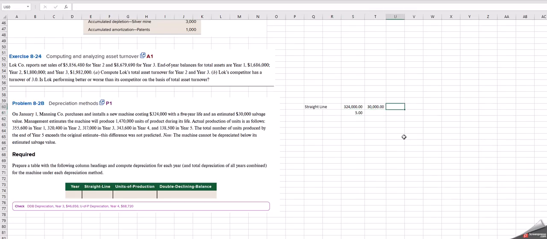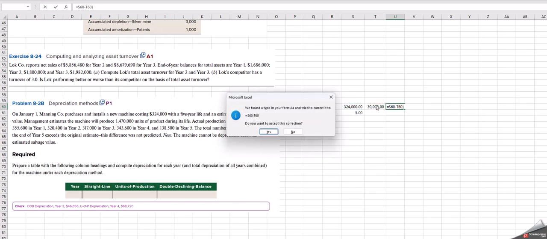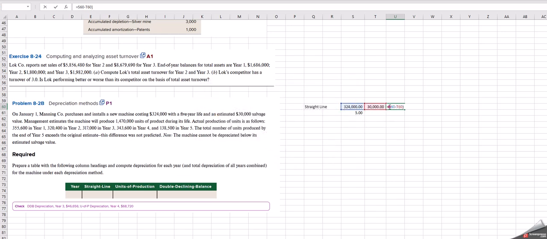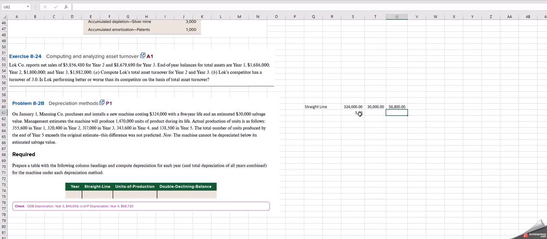So mathematically, that formula is going to be that cost minus the salvage value, and then we'll put those in parentheses, and then we will divide it by the service life. So that's going to be how much we would depreciate it each year if we were using the straight line method.